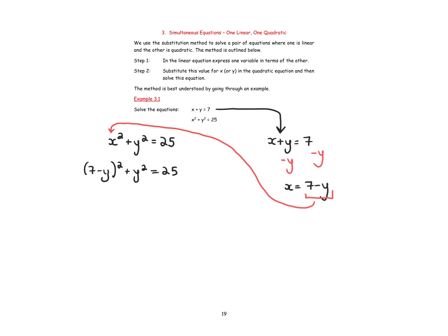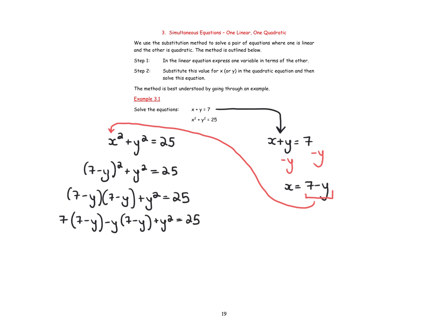Multiplying out the bracket here, we get 7 minus y multiplied by 7 minus y, plus y squared is equal to 25. That bracket is multiplied out by going 7 multiplied by 7 minus y, and minus y multiplied by 7 minus y, plus y squared is equal to 25.